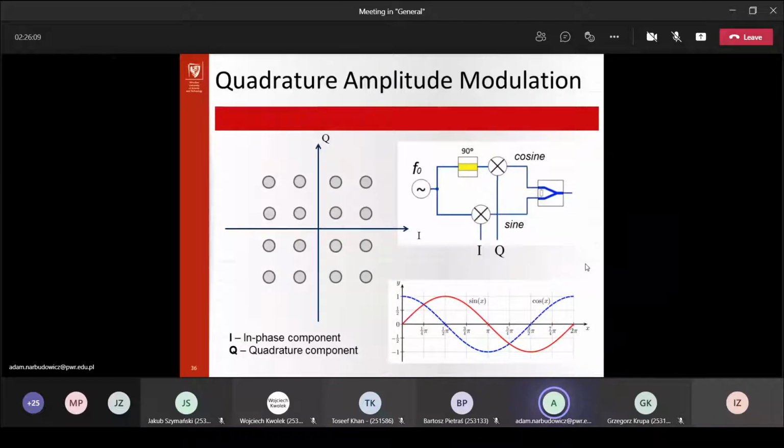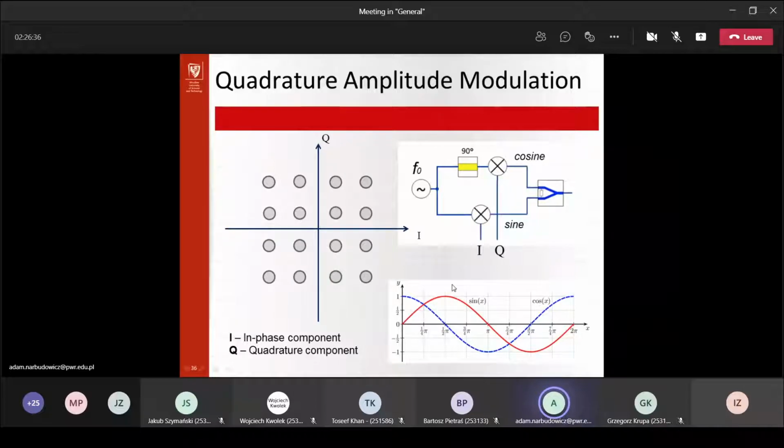Speaking step by step, this is a simplified version of what's called an IQ modulator, which is a device that allows you to translate your signal into the modulated signal.